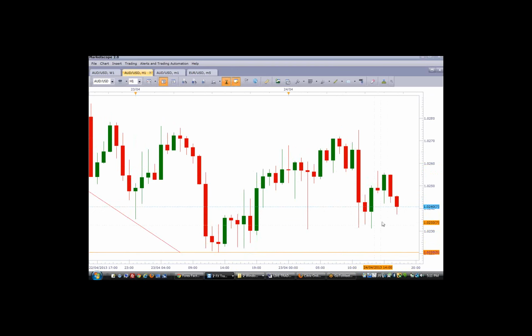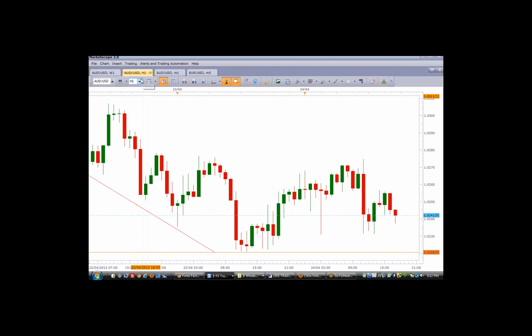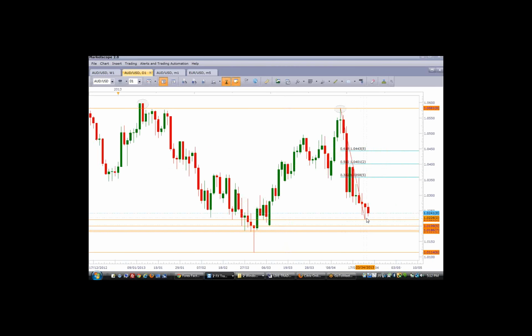But the lows are quite high compared to these lows right here. So we need some form of stabilization here with buyers in control before we can go in to buy this pair. So at the moment, I'm still a bit cautious, still quite bearish, not quite ready yet, but nearly ready. So at the end of the day, it will dictate whether to go in and buy, to go long back to these levels right here.